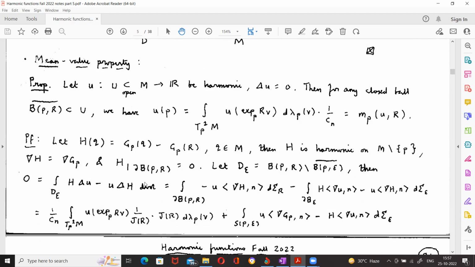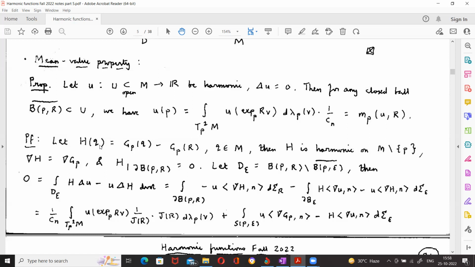But now, instead of applying it with the function u and the function g_p, you apply it to a function h, which is g_p minus g_p of capital R. We subtract this constant because then this function vanishes on the boundary of the big ball.